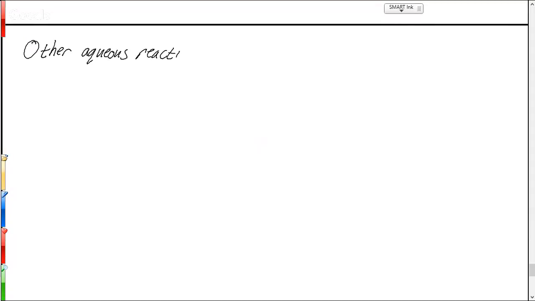So we spent a lot of time talking about precipitation reactions. You should also be able to recognize a couple other special kinds of reactions. We're going to look at gas evolution reactions, reactions that form gas. Acid-base. We're just going to talk a little bit about identifying an acid-base reaction and drawing the products.